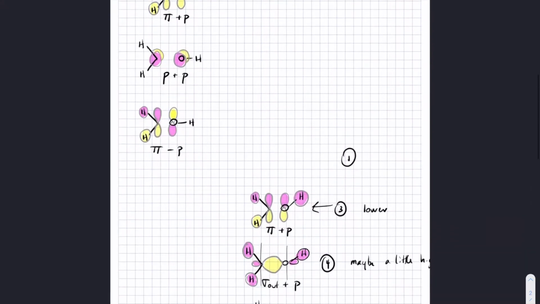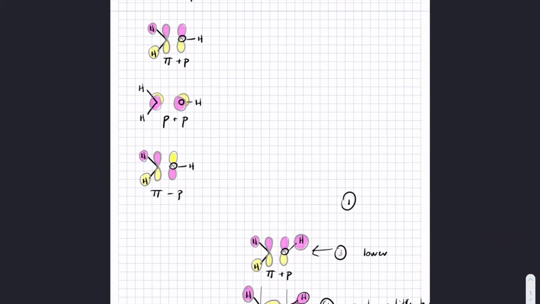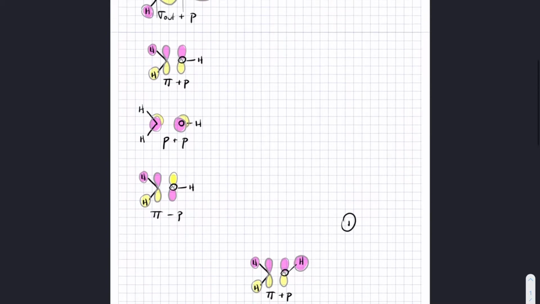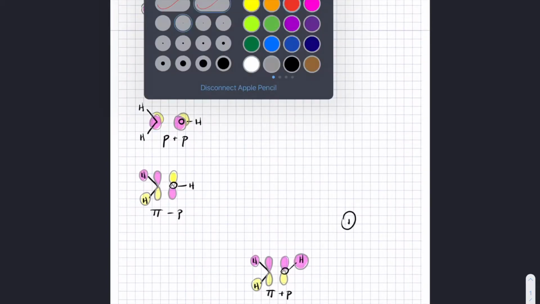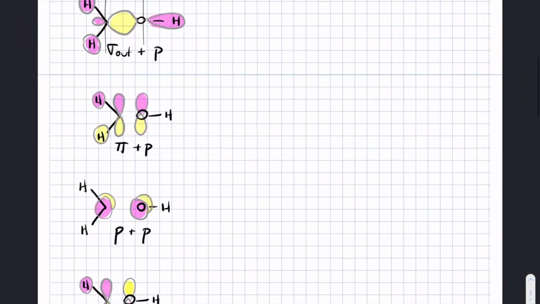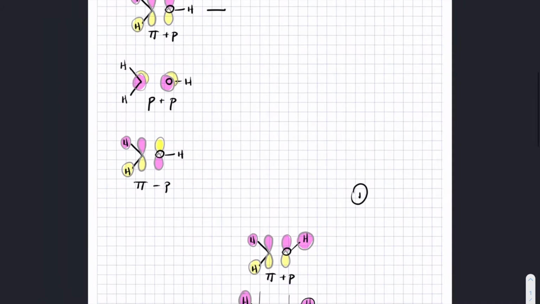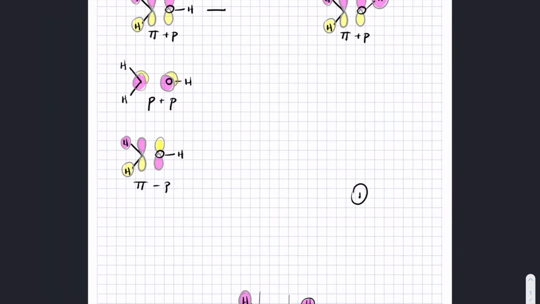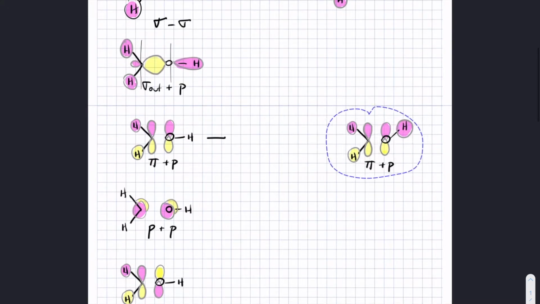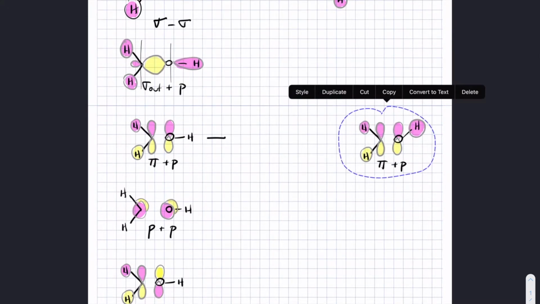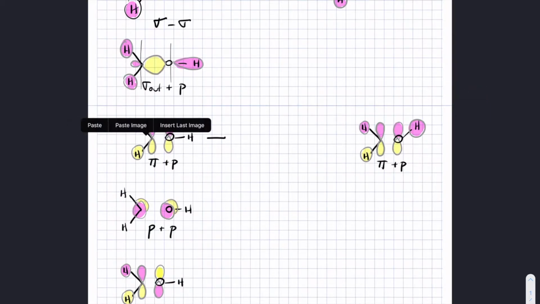All right. What did we do for, let's see, the place where we started to see some change was when we considered what would happen to the pi plus p orbital combination. And we noted that if you bring that hydrogen out of the plane of the node here, you can now get productive orbital overlap between the hydrogen in pink and the corresponding lobe on the oxygen p orbital.